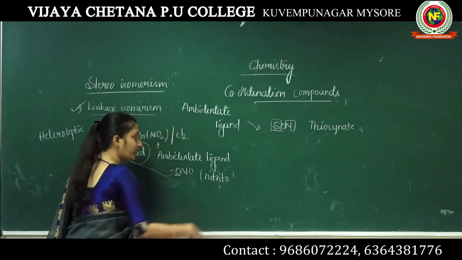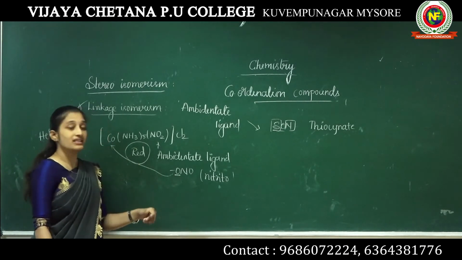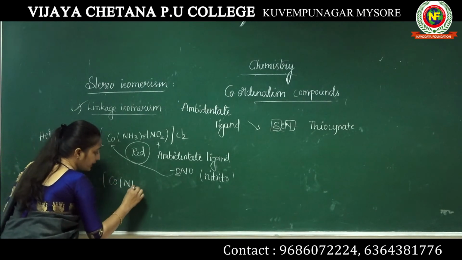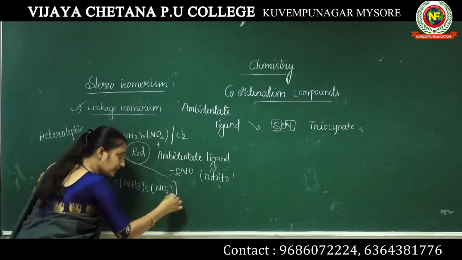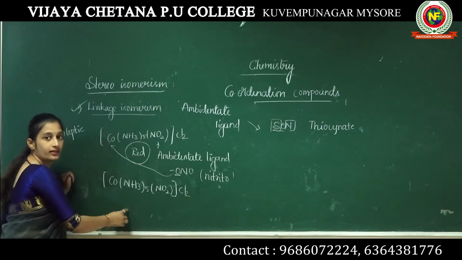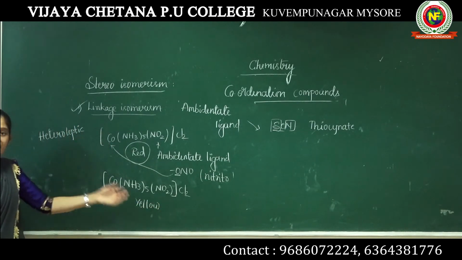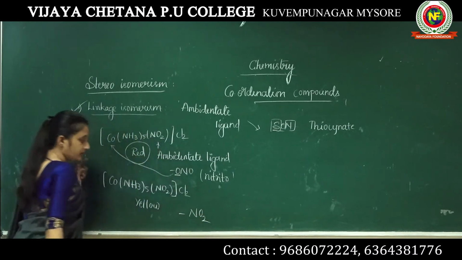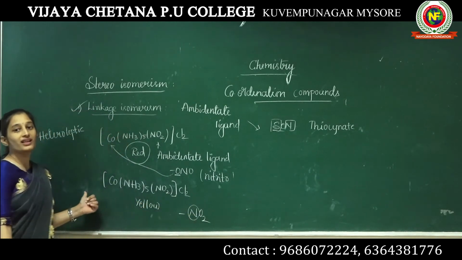Nitrito means the atom which donates the lone pair of electrons towards the metal atom is oxygen. Suppose Co(NH3)5NO2 is not red color, it may be yellow color. If it is yellow color, then it's understood that in the nitro group, nitrogen donates the lone pair of electrons towards the central metal atom.